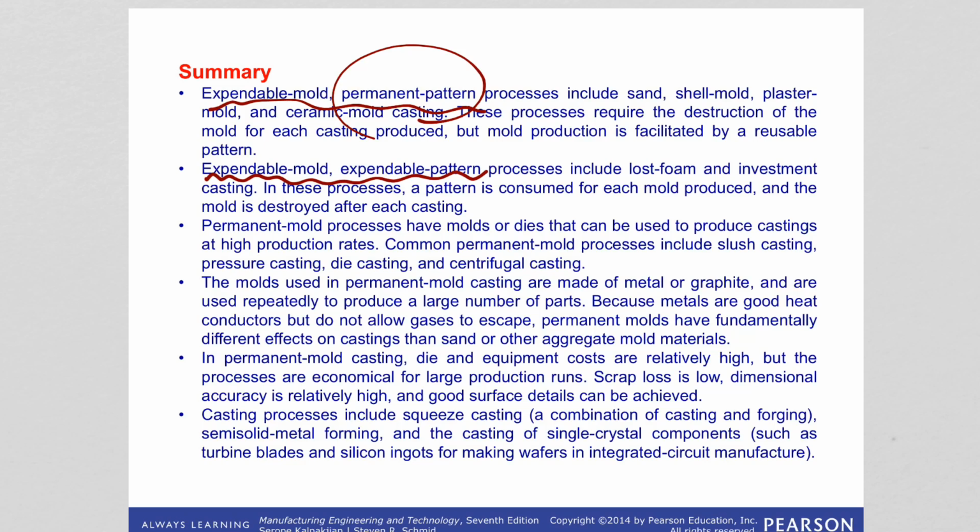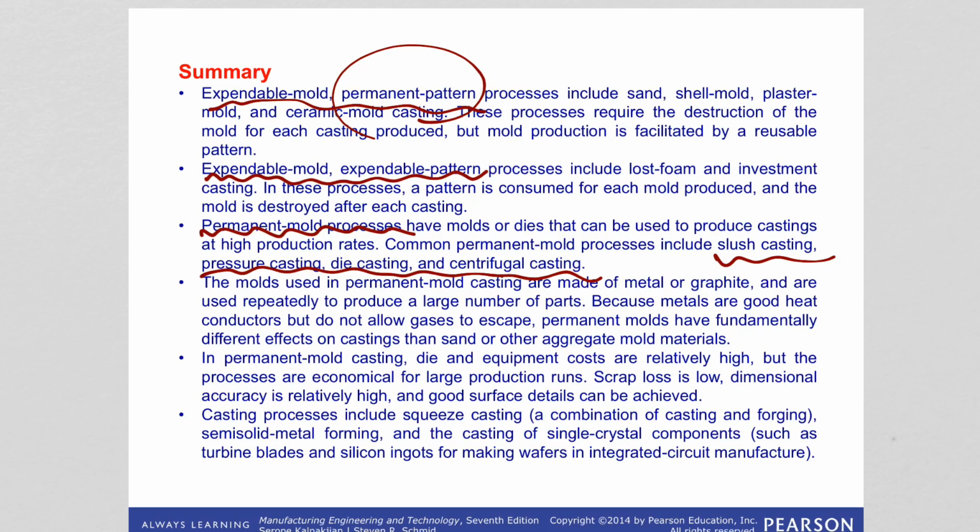We have also learned permanent mold processes, in which the dies and molds can be used again and again, and this of course provides high production rates. Types of permanent mold processes are slush casting, pressure casting, die casting, and centrifugal casting. The molds used in permanent mold casting are made of graphite or metal.